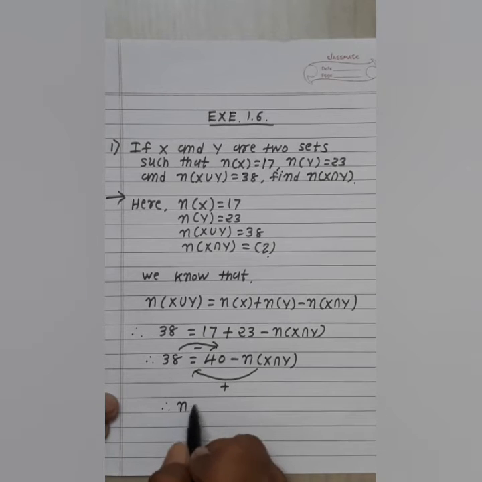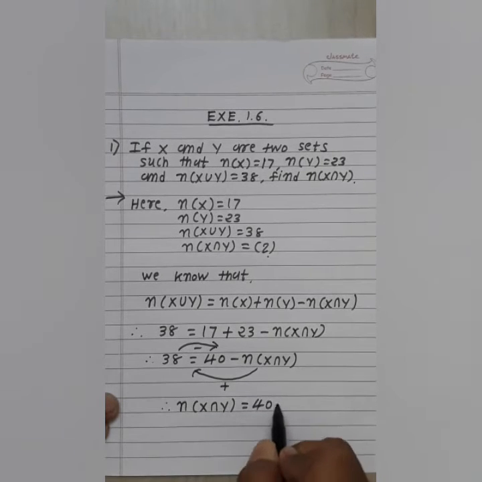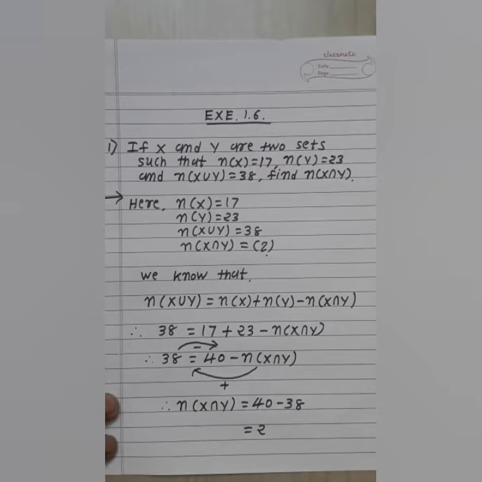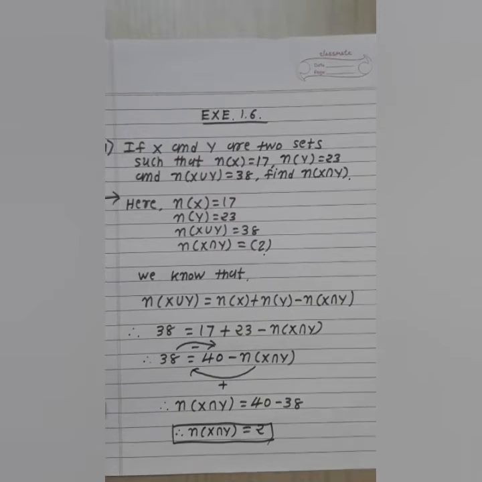Therefore n of x intersection y is equal to 40 minus 38, which is 2. So here we get n of x intersection y equal to 2.